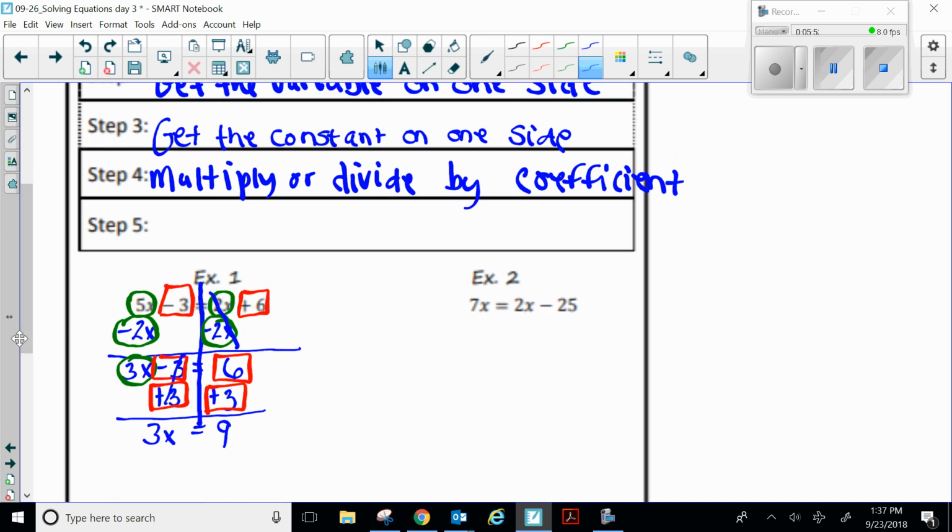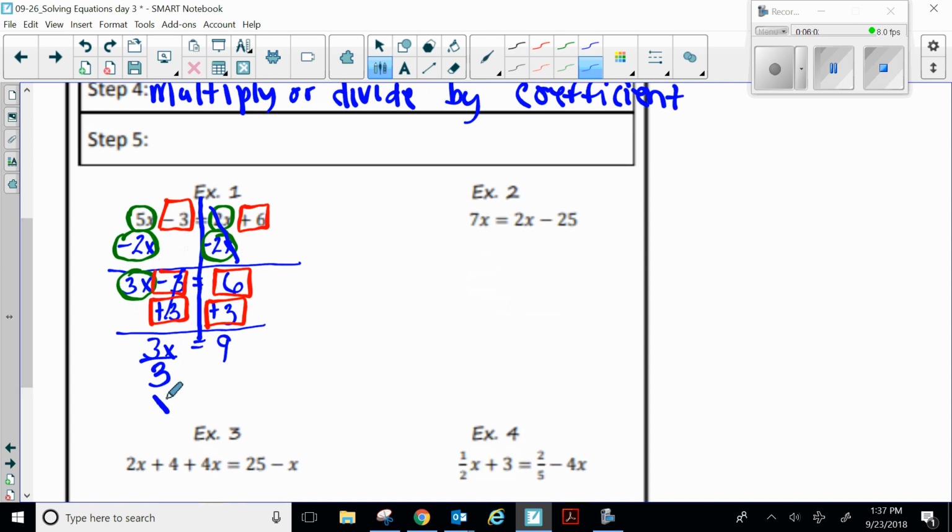So the whole purpose of this is I don't want 3x's, I want 1x. So 3 divided by 3 gives me 1. So I'll be left with 1x, which I can just write as x. And then to balance, I'm going to do 9 divided by 3, which gives me x equals 3.